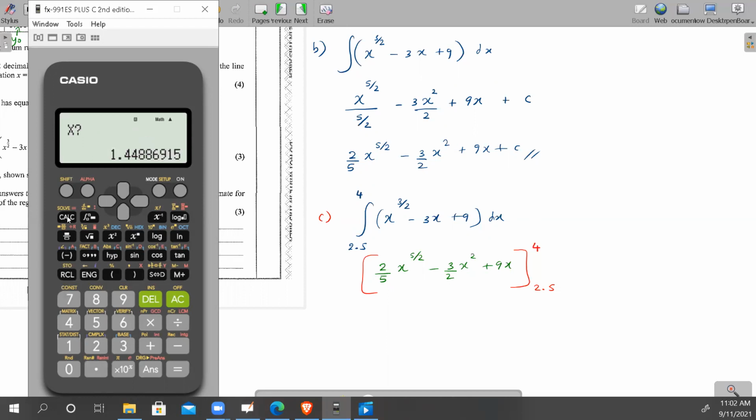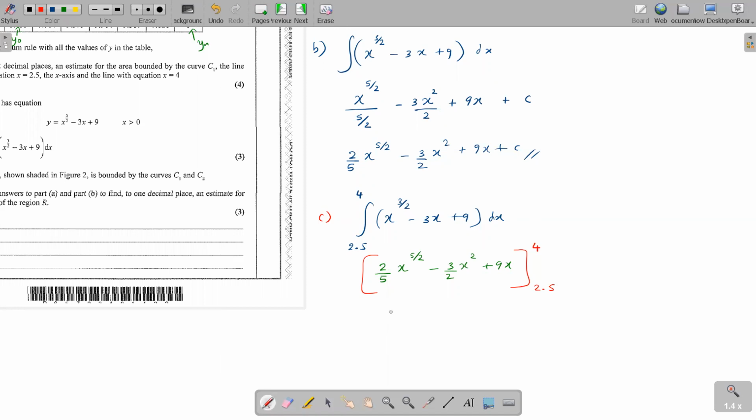Calc, and we need to give the x value, x is 4. That gives me 124 over 5, because the first thing I should do here is put in the upper limit 4. If I show what I'm doing here, this is 2 over 5 times 4 to the power 5 over 2 minus 3 over 2 times 4 square plus 9 into 4. Then subtract using x as 2.5.